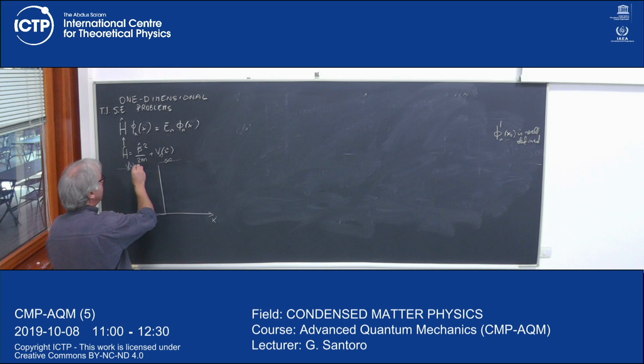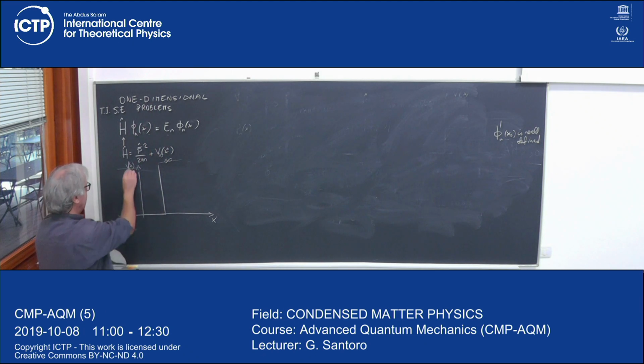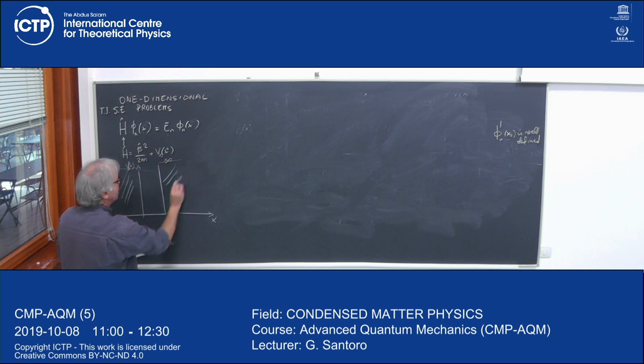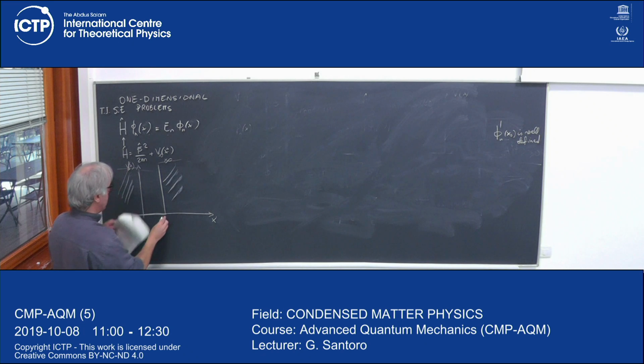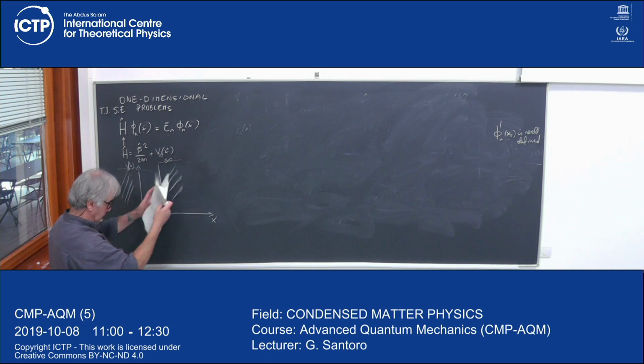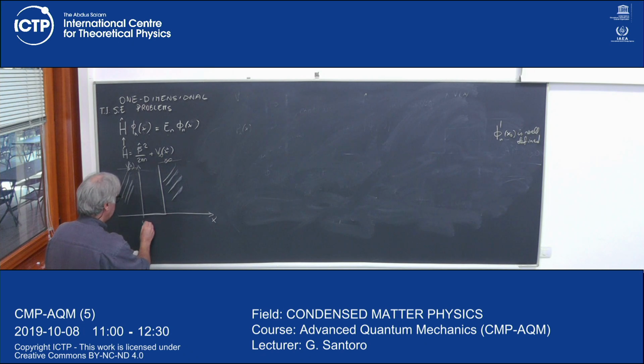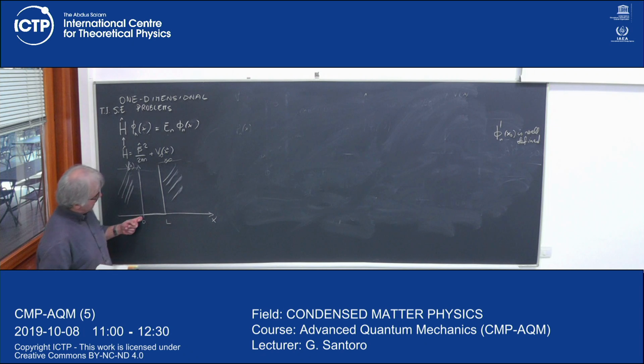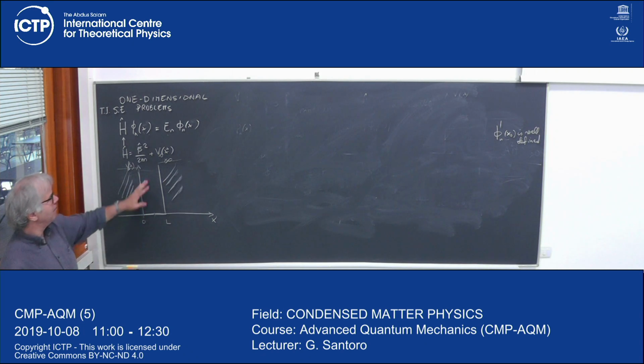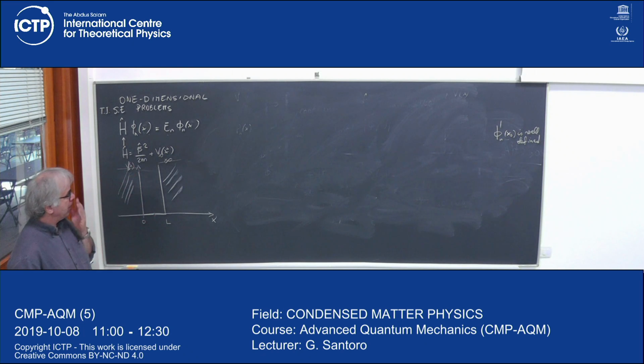I cannot draw infinities, but here there is essentially an infinite potential, and here it is 0, in a region 0, L. Notice I'm putting the origin at the border of the well. Later on, we'll put the origin in the middle for a reason, which I will explain later on. For the time being, it's quite useful to put the problem like this.